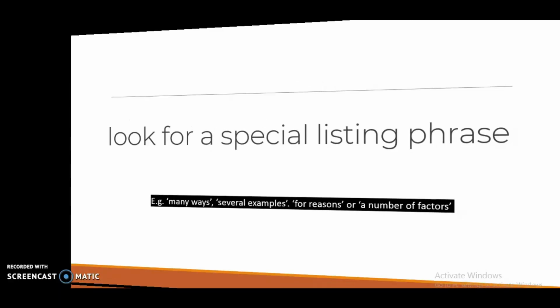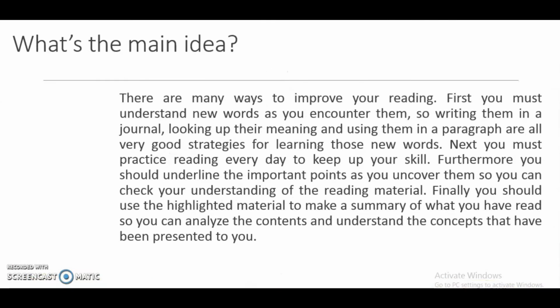Now, in the next example, we're going to use the phrase many ways as a listing phrase and reading as a topic. There are many ways to improve your reading. First, you must understand new words as you encounter them. So, writing them in a journal, looking up their meaning, and using them in a paragraph are all very good strategies for learning those new words.